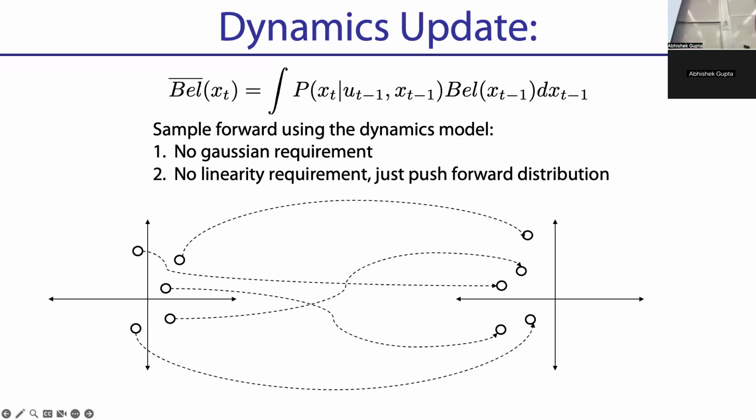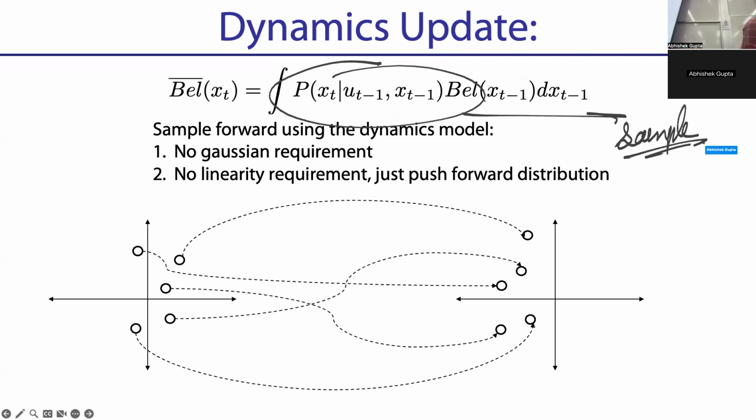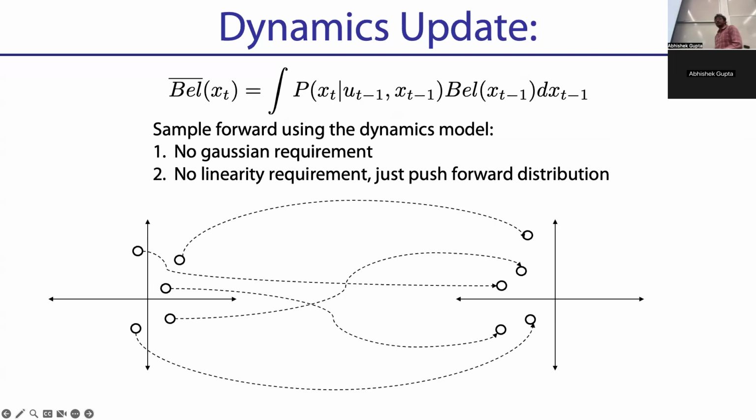I don't care if it has a particular form. It just needs to be something I can sample from. The important thing is that you need to be able to sample from it, and as long as I can sample from it, I'm good. That's the important thing about the motion step.